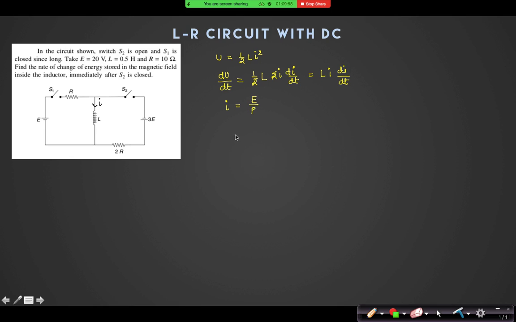This is an answer, 400 by 3 e to the power minus 40. Yes, what's the answer? 100 by 3 to the power minus 40. I cannot hear you actually. 4 by 3. So 400 by 3 e to the power minus 40.